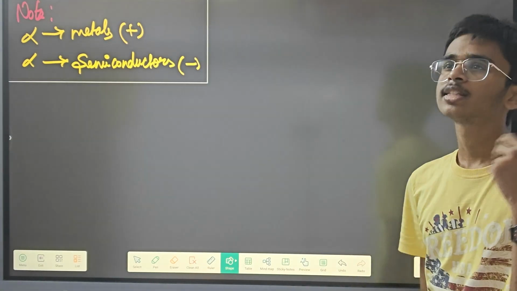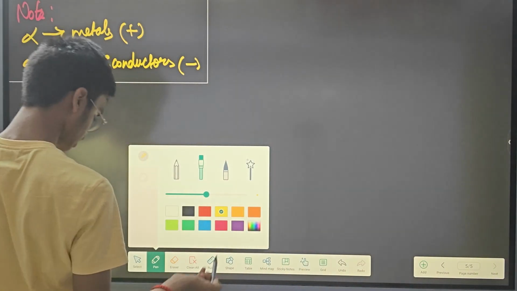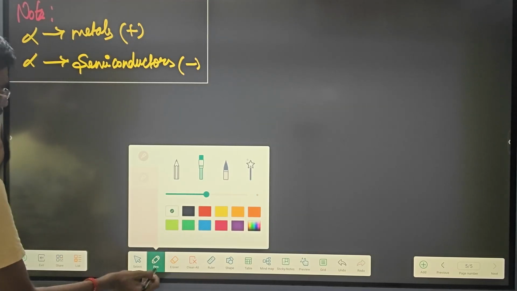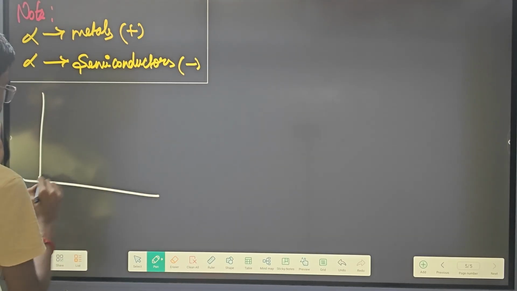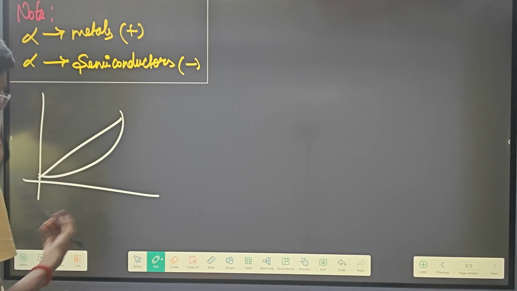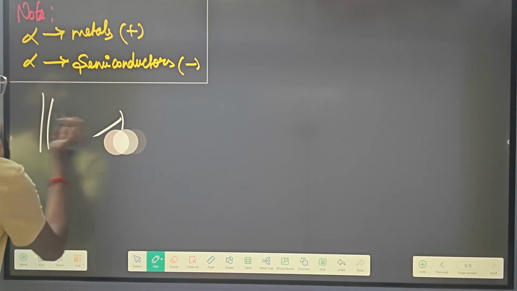Then after this, what else is there? If you want a graph, you all know the proportionality graph. It's like this, or like this. For semiconductors, you have to take it like this. So that's it.